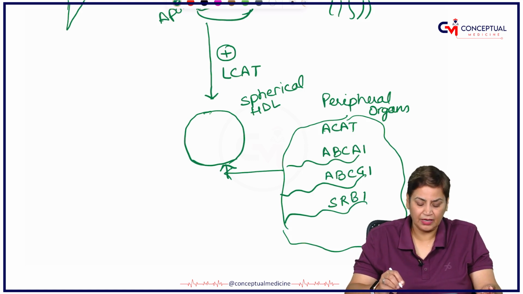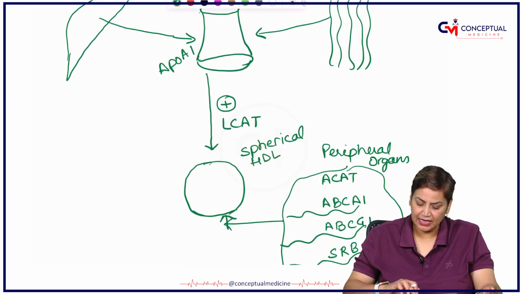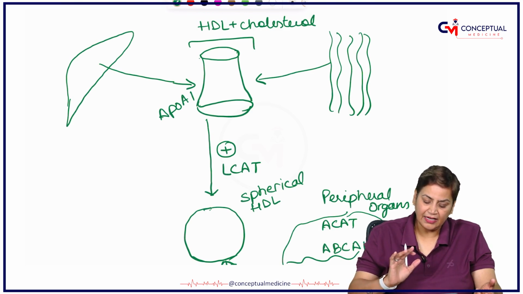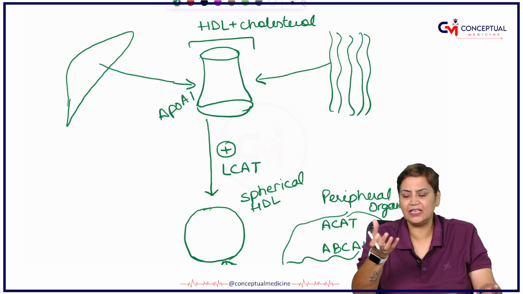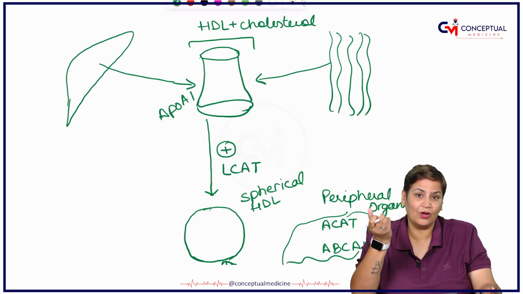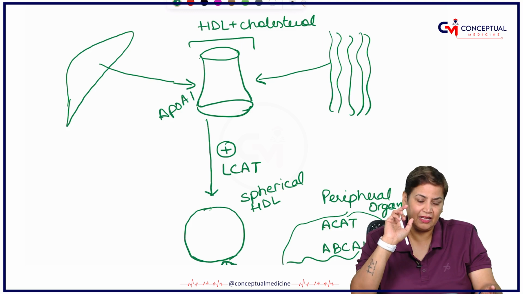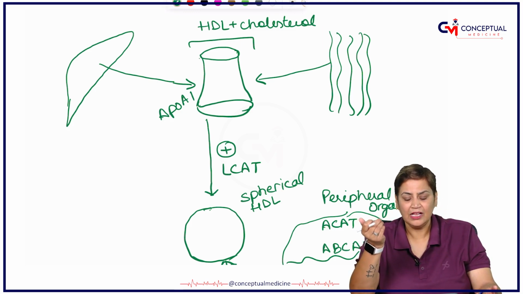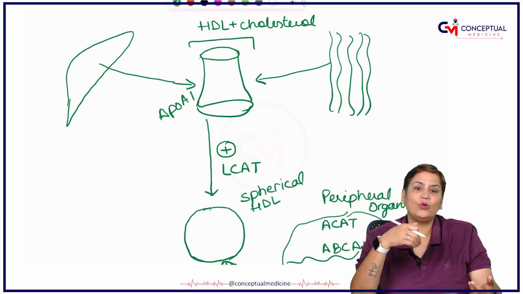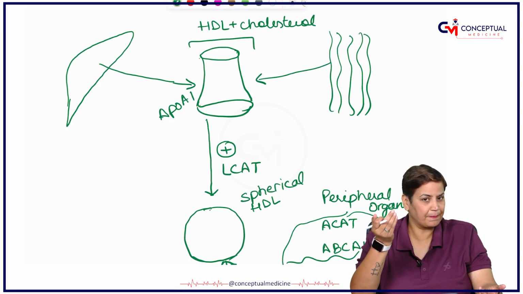This is very important. So first of all, see how it is going on: HDL from the liver and the intestines is going to bind with cholesterol. Now since this cholesterol has an amphipathic structure, it is going to form a discoidal HDL. Now since the transporter is Apo A1, Apo A1 is going to activate LCAT, right?